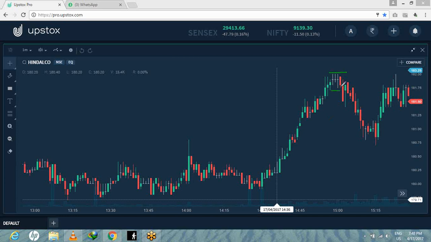Let one candle form, let another candle form. Either it will trigger this way or this way, it will not go sideways, never.